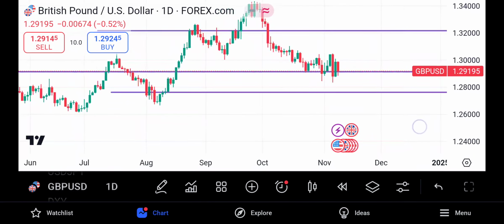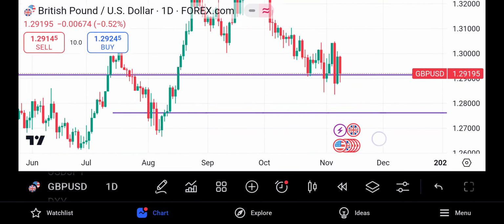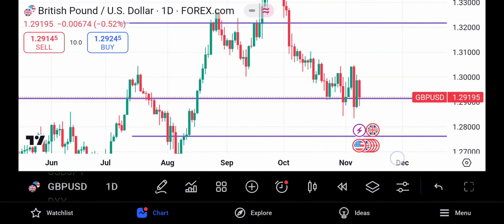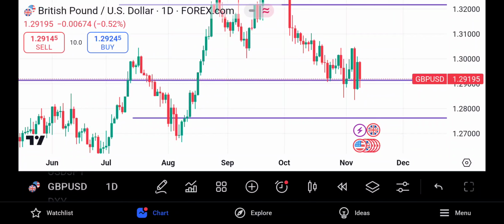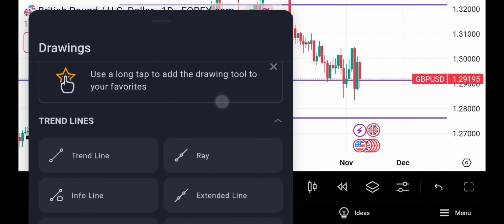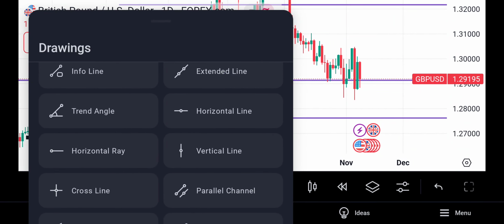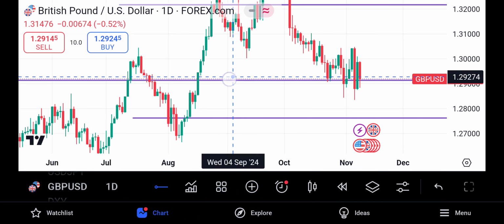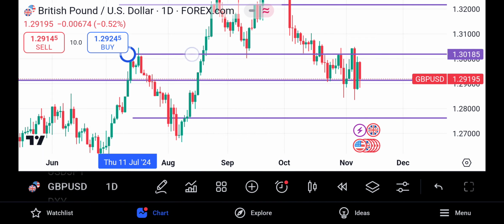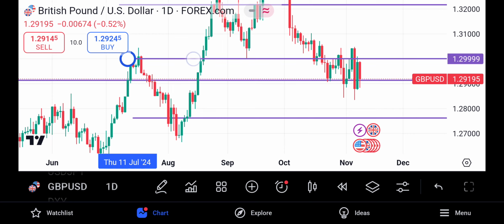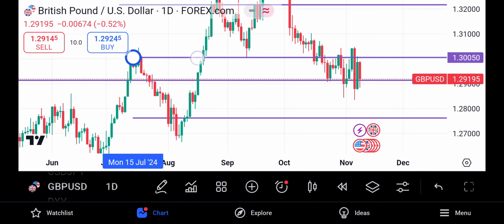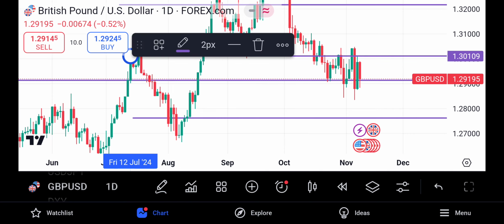Let us see what is happening, and then just like we do, we mark out key levels on the daily time frame. There is a daily time frame key level right over here. Change this to green for the daily.